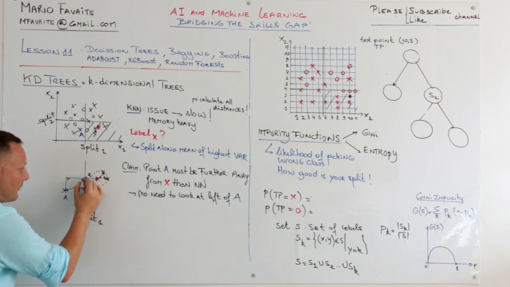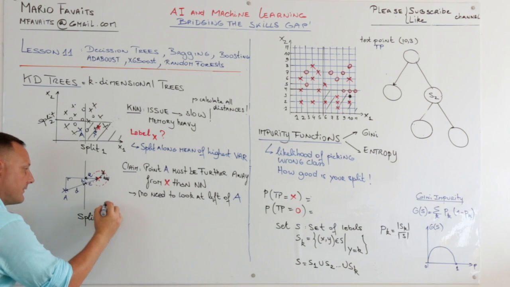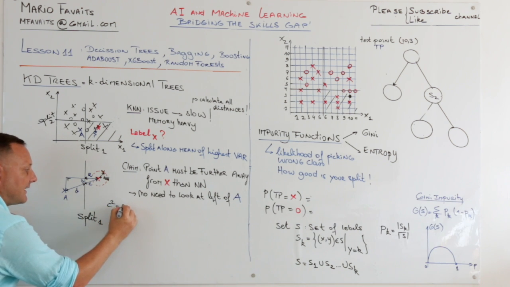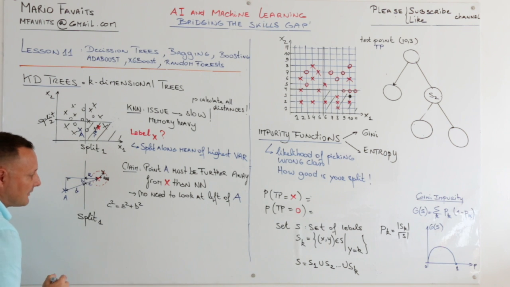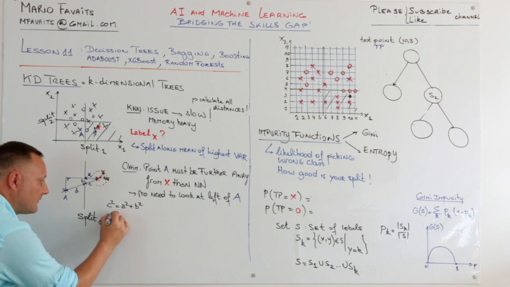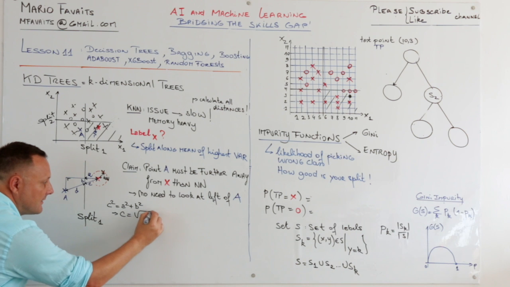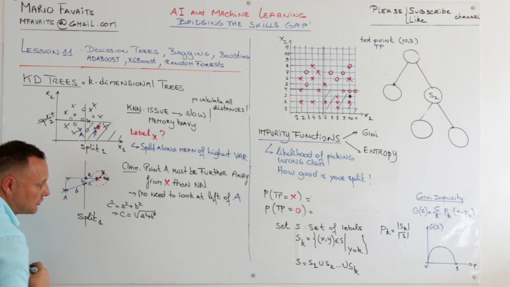Now, we work in this small triangle here, and we know that C squared is A squared plus B squared. That is the famous Pythagoras theorem. So that means that C equals the square root of A squared plus B squared.